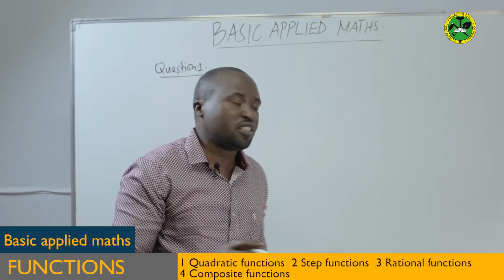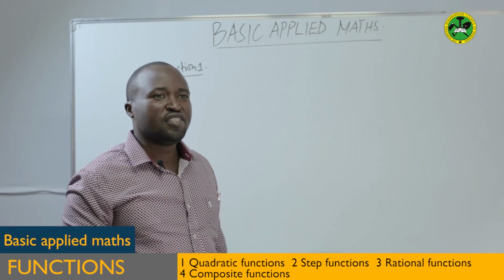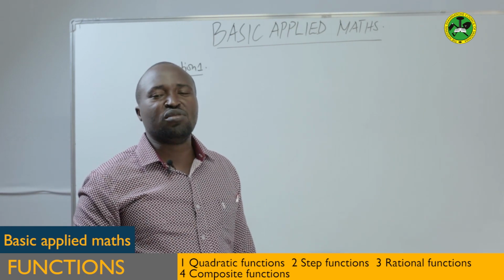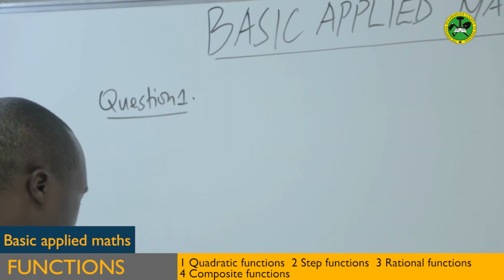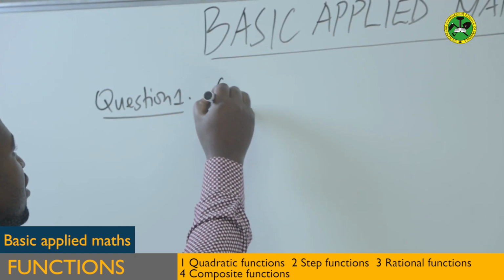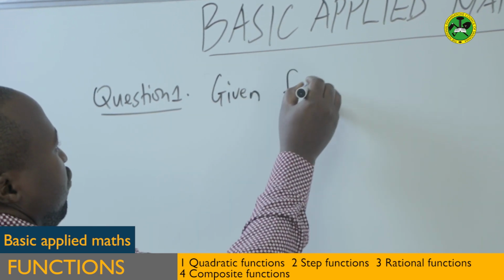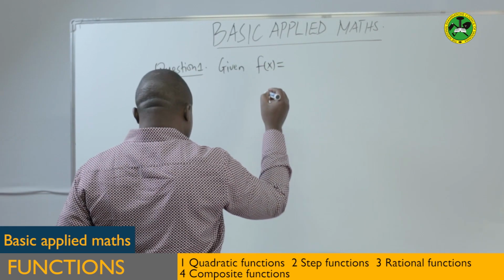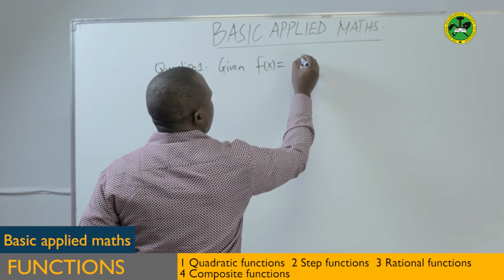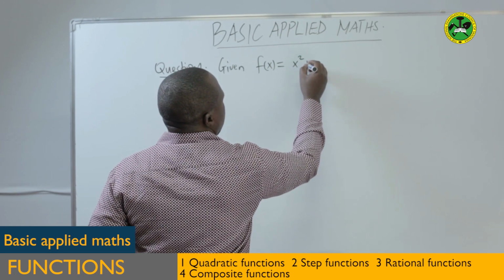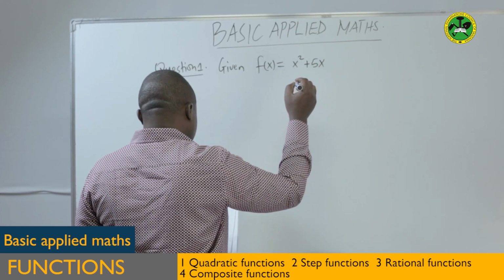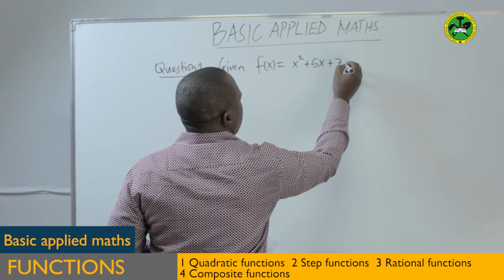So, my dear student, we're starting with review question 1. That will be a step function question. Now, the question says, given the function f of x is equal to x squared plus 5x plus 7.